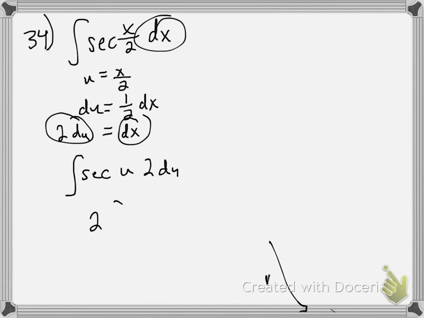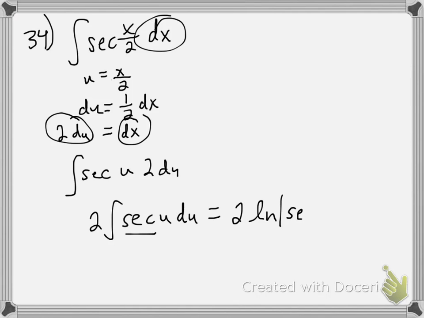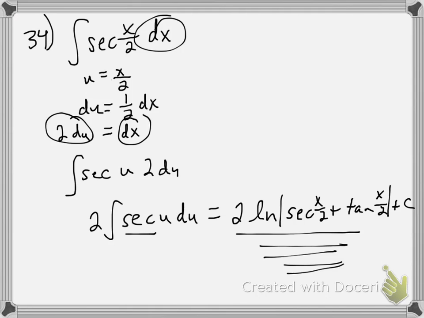So we have 2 secant u du. A new derivative rule, integral rule. The derivative of secant is secant tangent. The integral of secant is natural log of secant plus tangent. And then the u value just gets substituted. You always want to end up with the same angle that you started with. And if you took the derivative of this and combined everything, you'd end up back here. We're not going to go ahead and verify that.